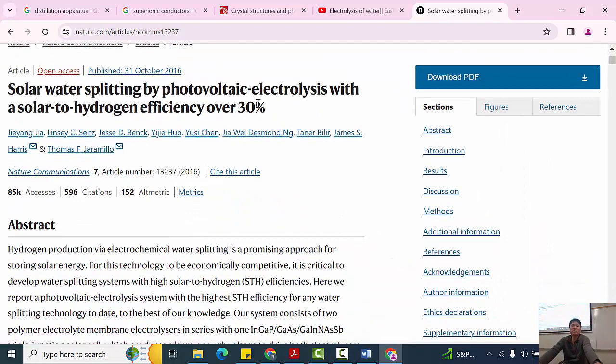So, solar water splitting by photovoltaic, wow, with efficiency over 30%. That's extremely high efficiency. I had a friend working on this. At the time, the efficiencies were less than 10% conversion.